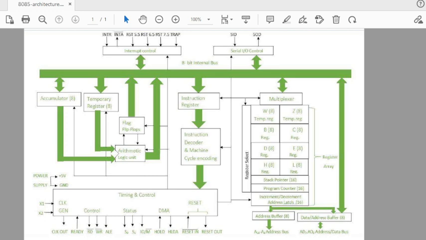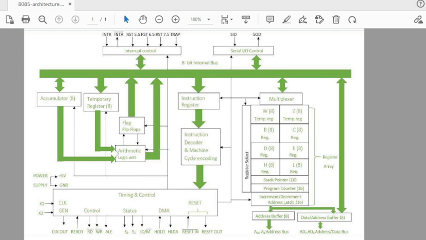In 8085 microprocessor, you know that there is a 16-bit address bus, out of which there is AD0 to AD7, which is a low order address bus, which is used for the two purpose, that is for the data and the address.